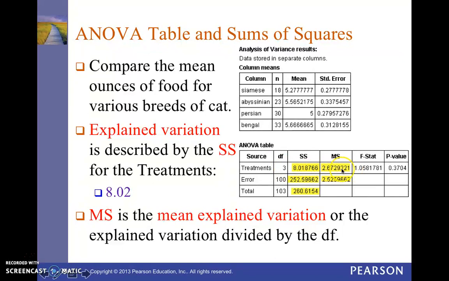This would literally be what the variance is. So this would be the variance between groups, and likewise, at the bottom, we take the sum of squares there, divided by the degrees of freedom, and that produces a mean square for error, or once again within, which is sort of the variance. So we really have two variances here. We have the variance between, and then we have the variance within.